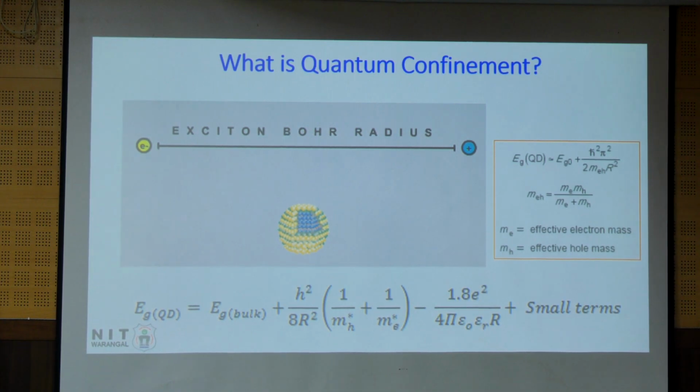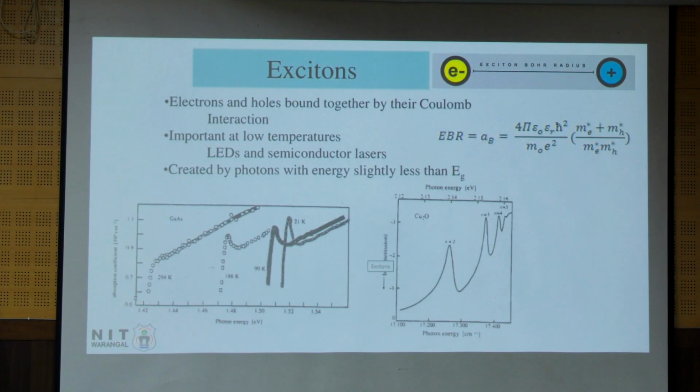You can calculate it with the rest mass of the hole and electron, and when you substitute here, you will get the exciton Bohr radius for any particular material. The exciton Bohr radius for zinc sulfide is about 2 electron volts. No, not electron volts, 2 nanometers is the exciton Bohr radius.